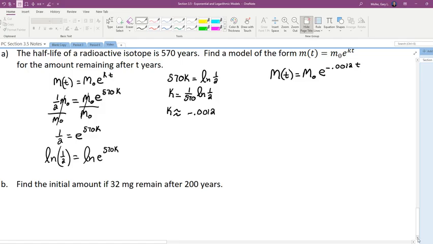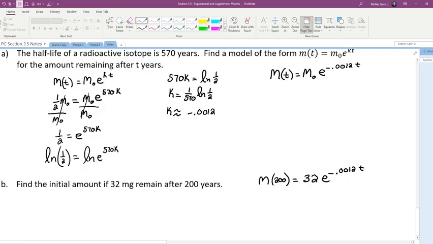All right, now it says if the initial amount was 32, so now they just go ahead and give it to me, then how much am I going to have after 200 years? And let's think about how much we're probably going to have. So the half-life period is 570, and we're only going 200. So if we started with 32, after 570, we'd be at 16.